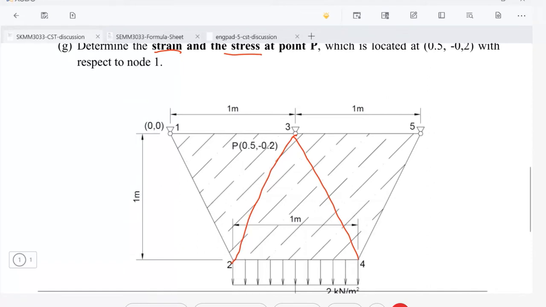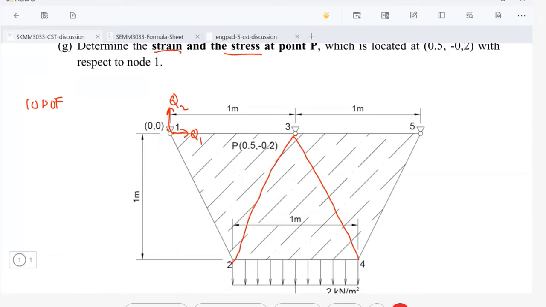So there are 1, 2, 3, 4, 5 nodes, and there are 2 degrees of freedom for each node. In this case, this is Q1, and this is Q2, for example. So we have 2, 4, 6, 8, and 10. So we have 10 degrees of freedom. Now, how many boundary conditions do we have here?